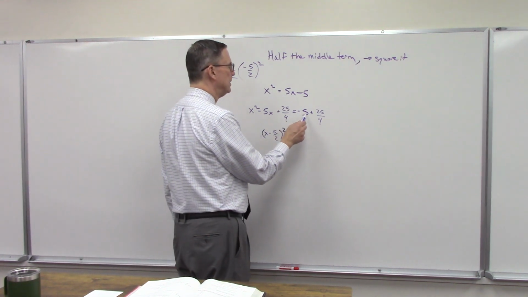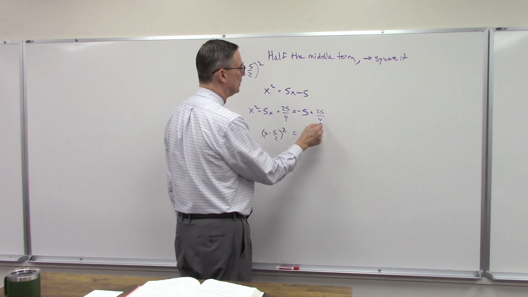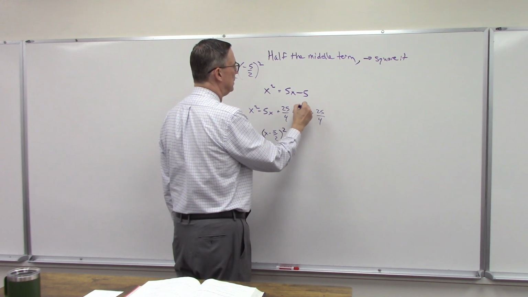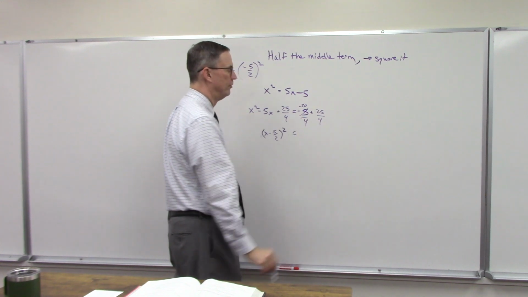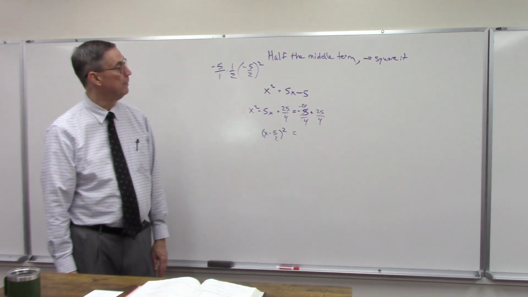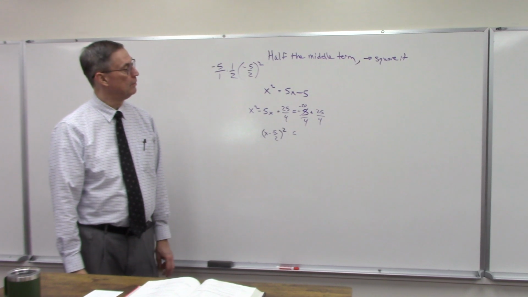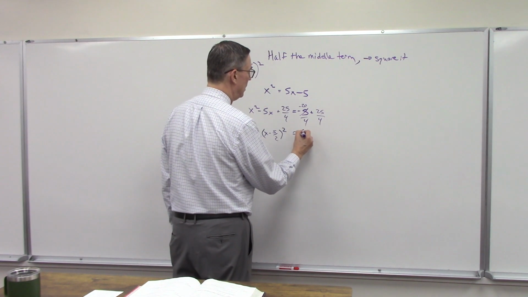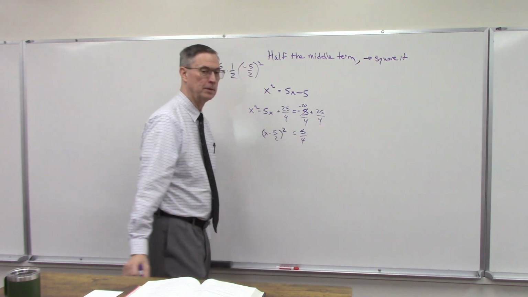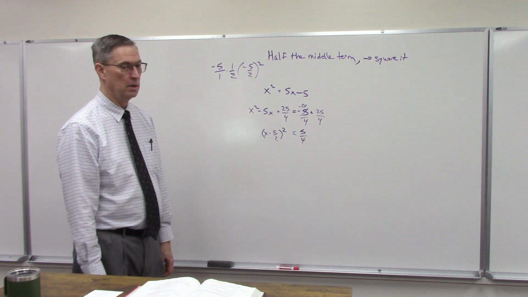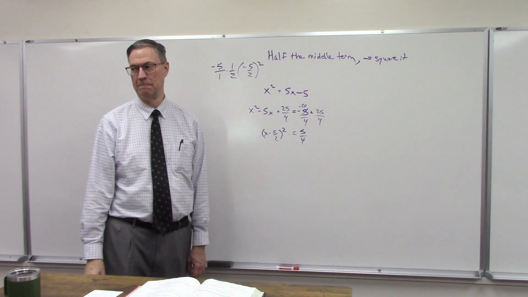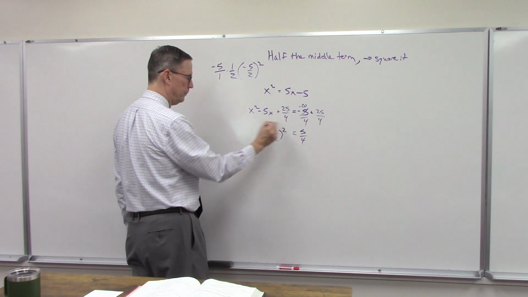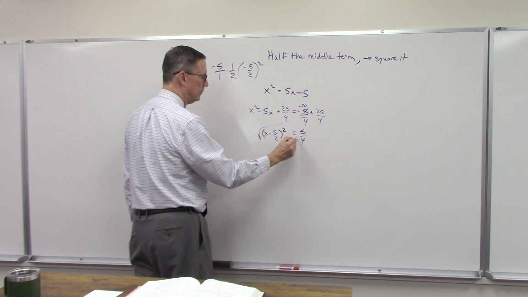Now let's add. What's negative 5 plus 25? Well, if I get a common denominator, this would be negative 20 over 4, right? So negative 20 over 4 plus 25 over 4 would be 5 fourths. Okay, walk me through the last step, Michael. You would square root everything.